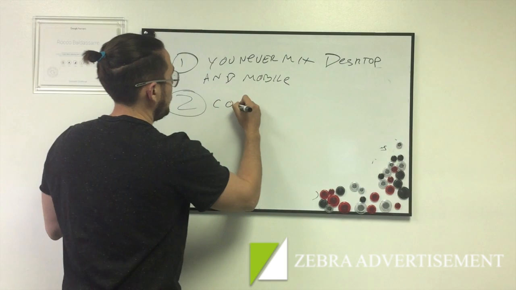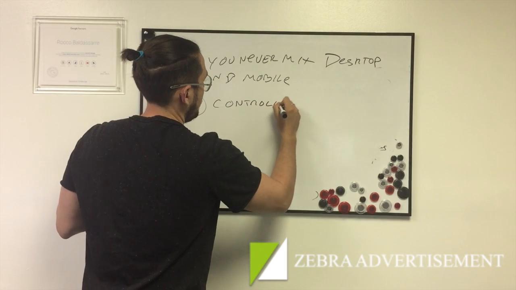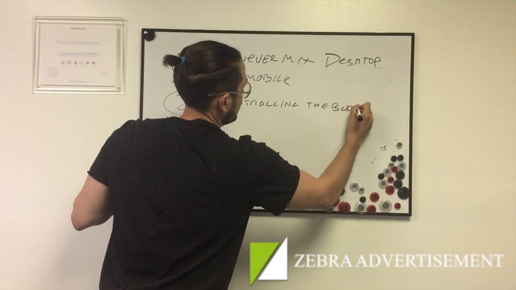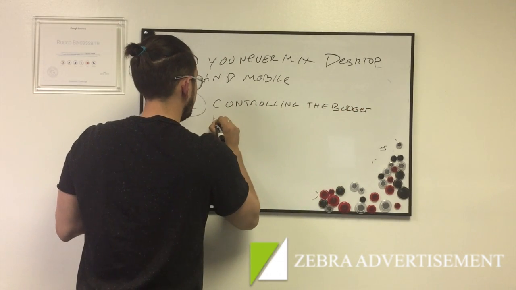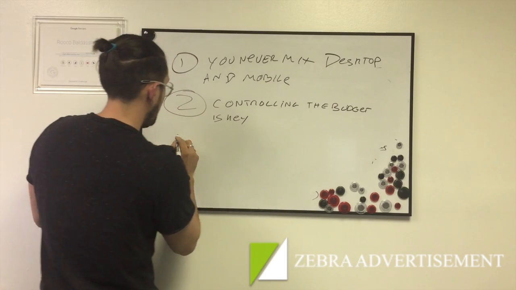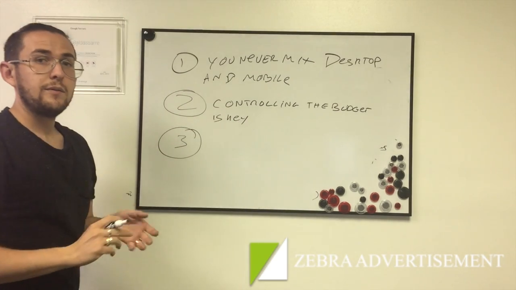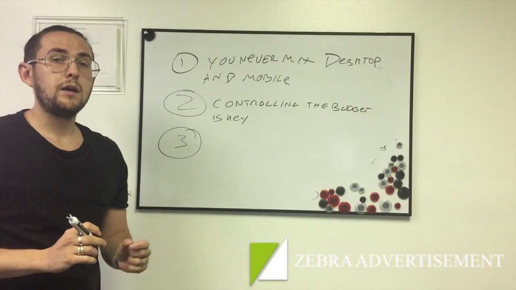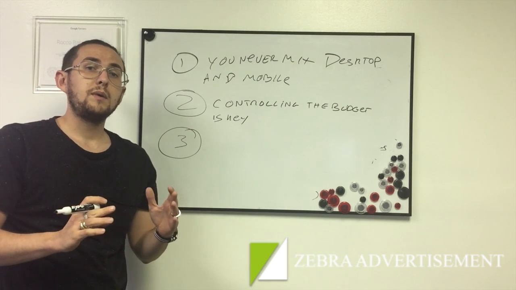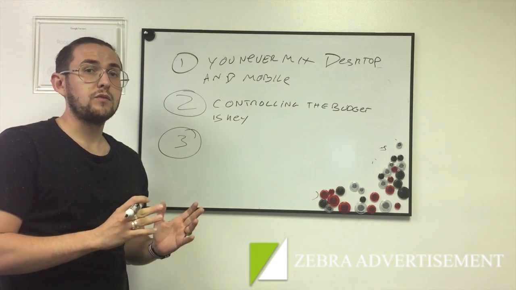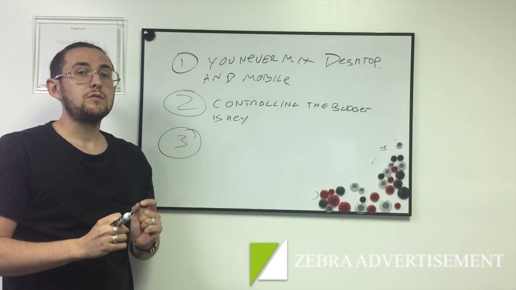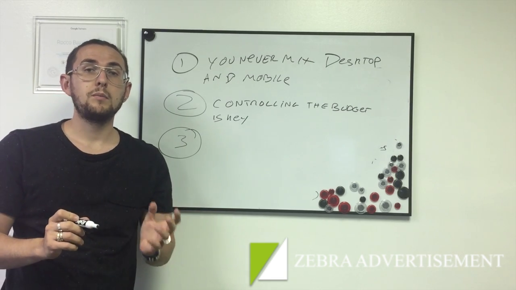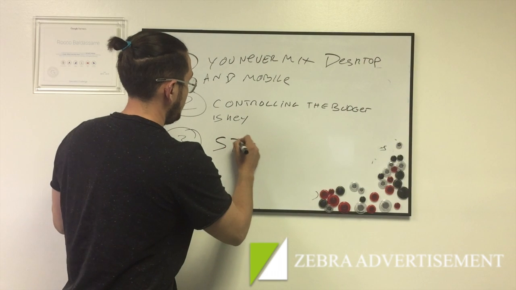So controlling the budget is key. And finally, we have learned that whatever Facebook tells you doesn't necessarily apply to your business. Facebook has best practices based on thousands of advertisers, but you need to find the strategy that best serves your purposes and takes advantage of your budget the best way possible. So always strategize for your own good.